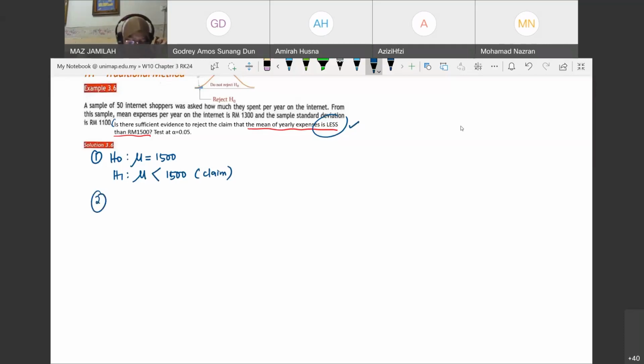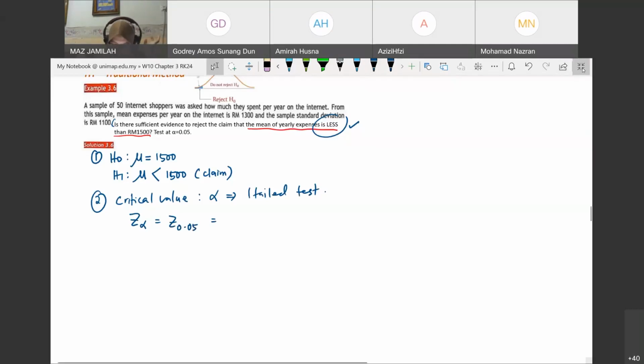Second step, find the critical value. Critical value is based on your alpha. Since this is a one-tailed test, and it is a left-tailed test, then Z alpha is Z 0.05.